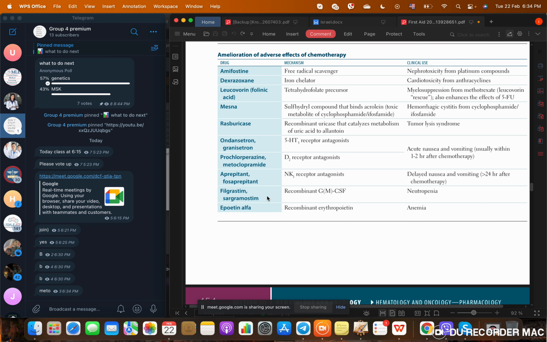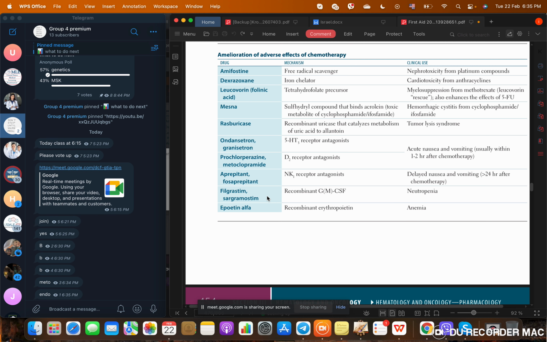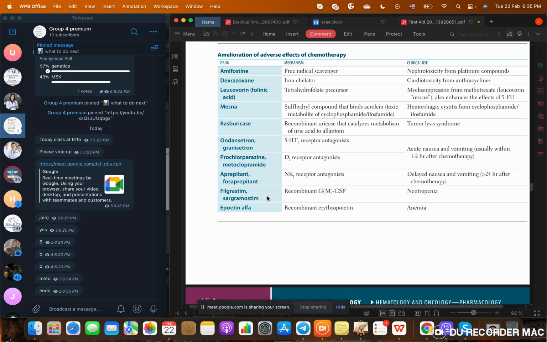So guys, the chemotherapy mainly destroys which type of cell? Which type of cell is most commonly destroyed? Okay, let me just click this.